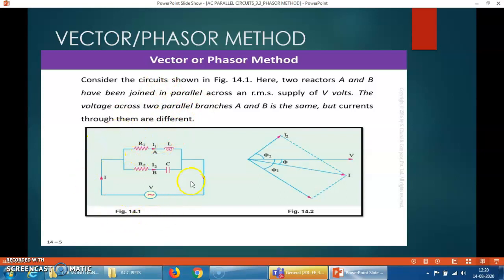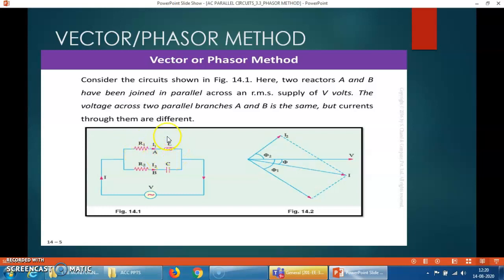For example, you can see that two branches are connected parallel to each other, so it is called a parallel circuit. In the first branch there is a resistor having a resistance of R1 ohm and an inductor having an inductance of L Henry connected in series.